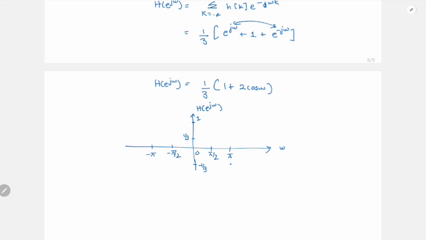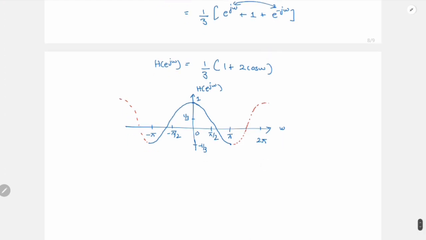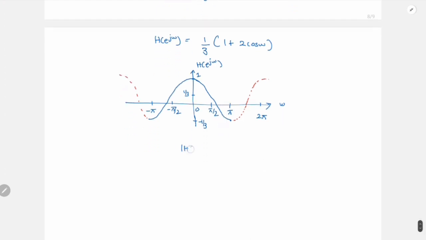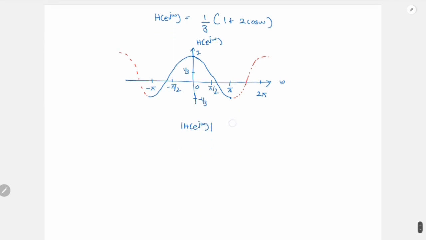Similarly, since cos omega is symmetric and 1 is also an even function, we will have the same relation on both sides. So how does it look? It looks something like this, right? If you want to stretch it, it will become something like this, correct? And if I just want to get the magnitude information, how will it look?